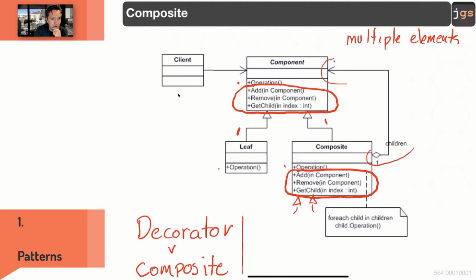Decorator. If you remember the original one, one core element, and that one could be connected with a decoration, which could be connected with another decoration, and we can continue. But there is always one original inside of a decoration that could be inside of a decoration, and we continue in that line.